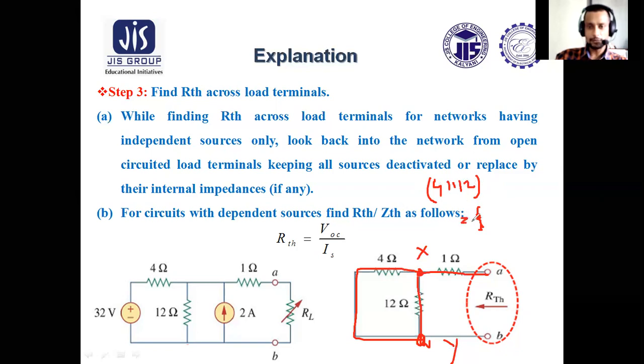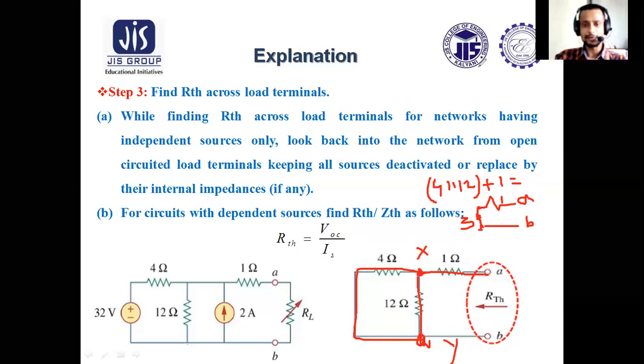This will be 3 ohm. So this is the equivalent resistance between X and Y, and there is one ohm resistance. So while you are moving from A to B, you will have 1 plus 3, so 4 ohm resistance. So RTH will be 1 plus 4 parallel 12. So like this, you can calculate RTH.